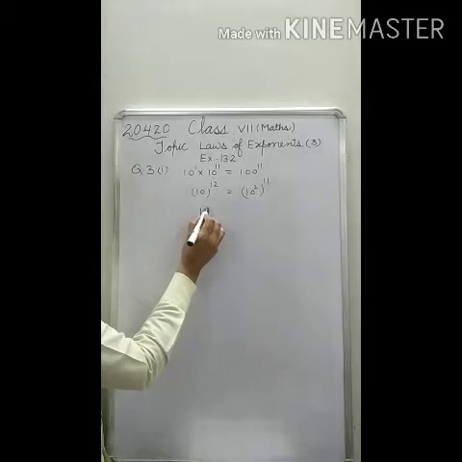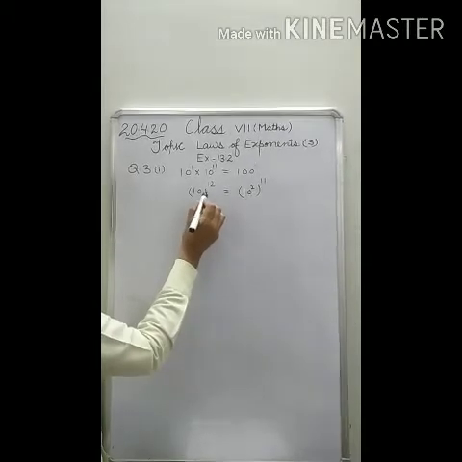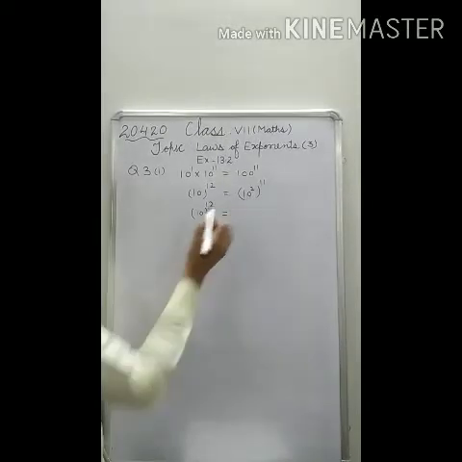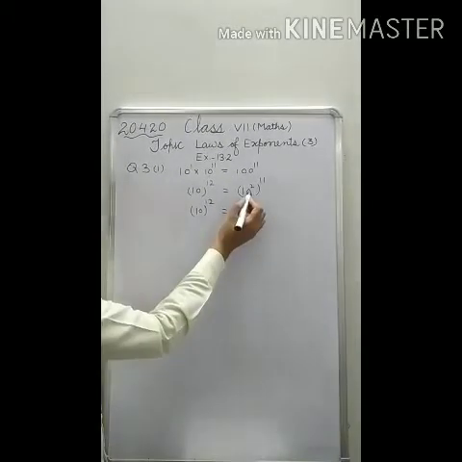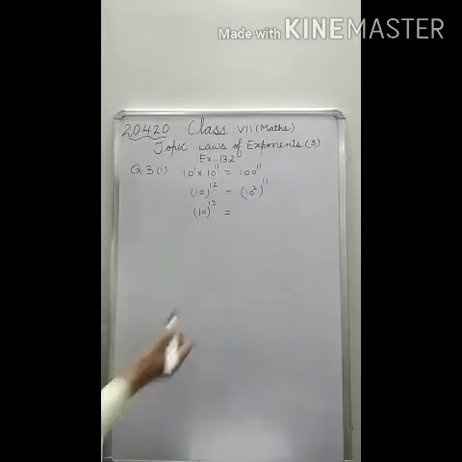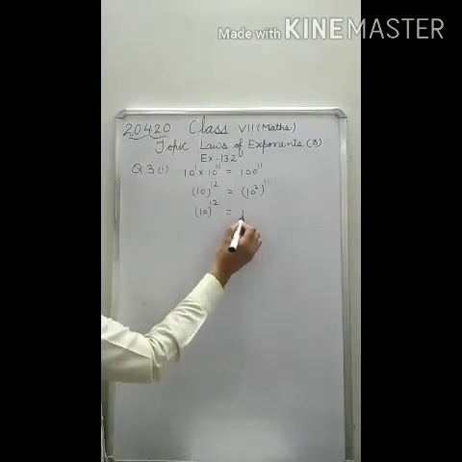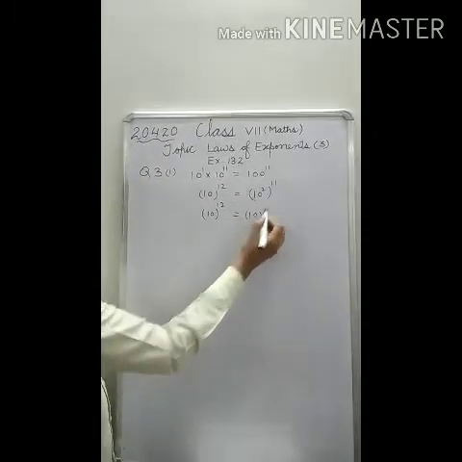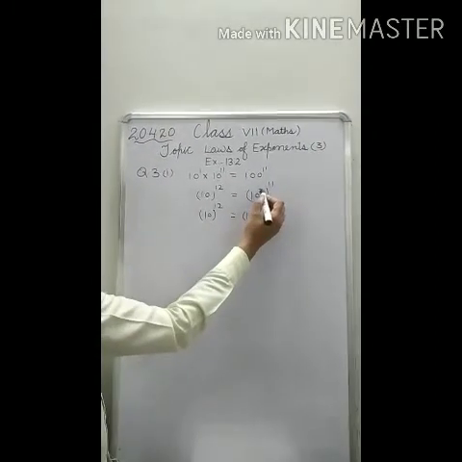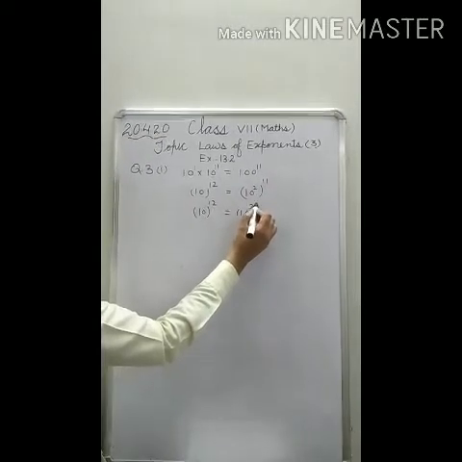This side will remain the same: 10 raised to the power 12 is equal to, here the identity is x raised to the power m and the whole raised to the power n, then it will become x raised to the power m multiplied by n. So m multiplied by n will be what? 2 into 11 is 22.